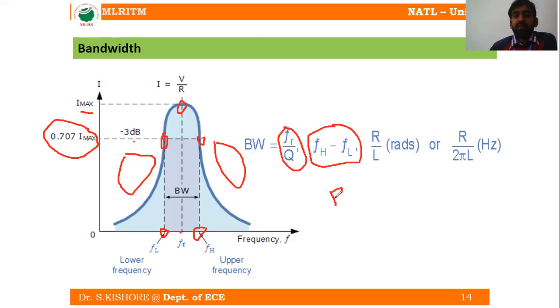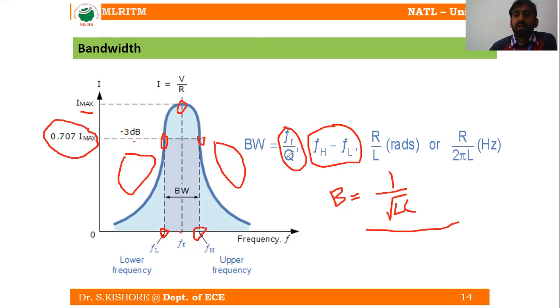So I can write bandwidth is equal to FR by Q. What is the FR? In radians, FR is nothing but 1 by root over LC, which is your resonant frequency, divided by the Q factor.